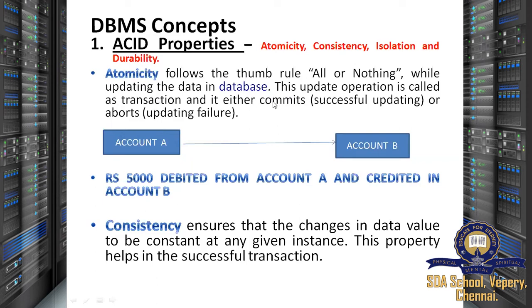If the transaction is not successful, we say it is abort. So, successful updating and failure in an updation, both can take place. So, atomicity says whether data are updated successfully or not.